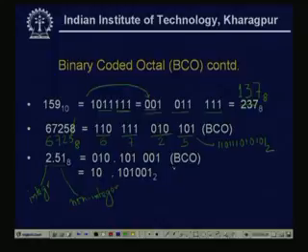So, this is my binary coded octal, and what will be the binary? Again, one leading 0 is there, so we just drop the leading 0 and merge. So, this is 10.101001 in binary.